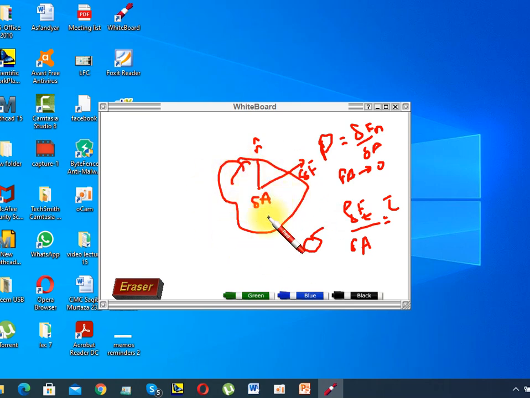Stresses are only produced due to the flow or motion. If there is a fluid at rest, there will be no stresses, but the pressure exists.